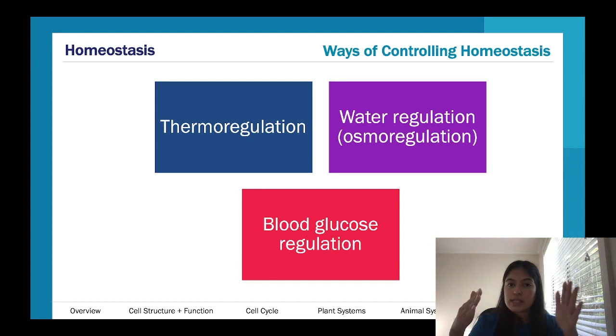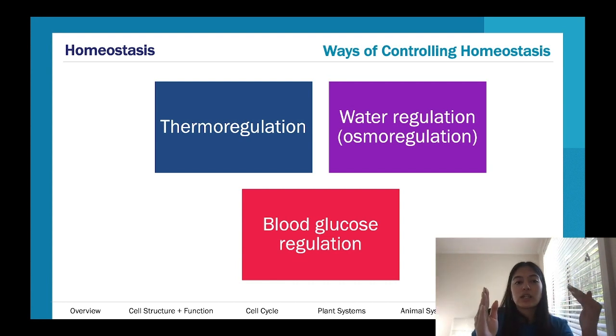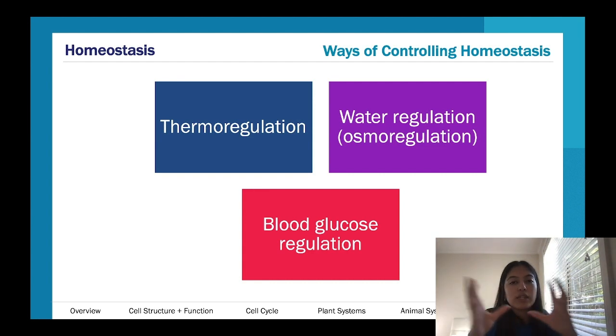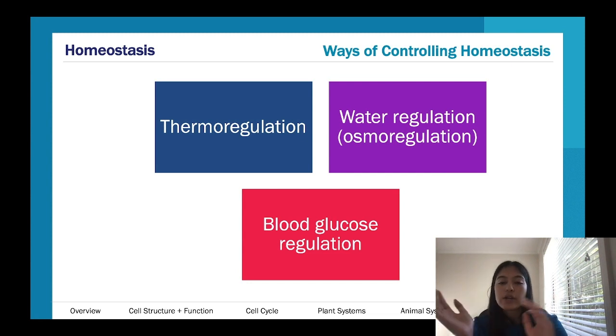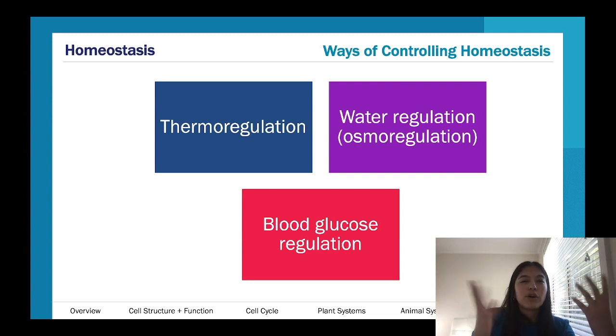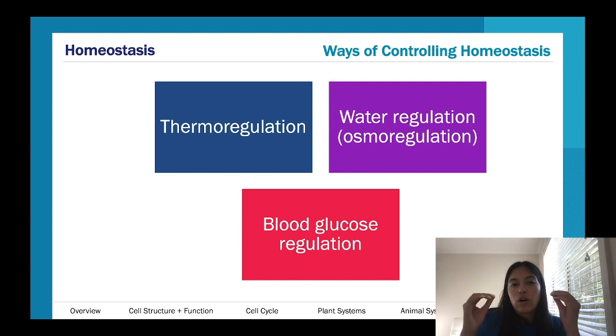So making sure that our body doesn't get too hot, making sure that our body doesn't get too cold, by controlling when we vasodilate, when we vasoconstrict, when we sweat, and when we shiver, stuff like that. It's all about keeping it within these narrow limits. Same thing applies with osmoregulation, not being too dehydrated, not being overhydrated perhaps. The hormone involved is ADH, antidiuretic hormone.